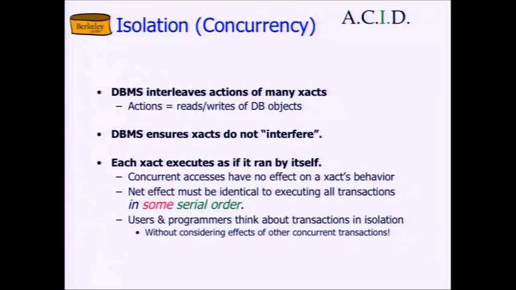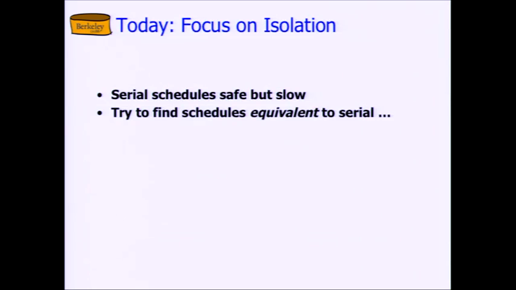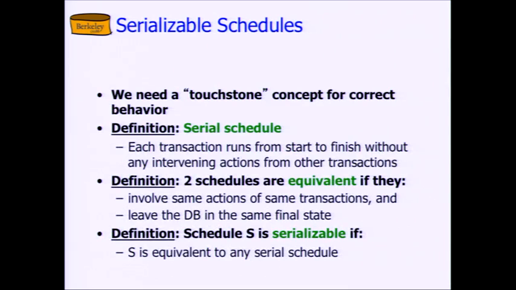We're going to ensure that they do not interfere in a specific sense. Particularly, we're going to define serial schedules, that is to say, schedules where each transaction runs in isolation, one at a time in an order, as our touchstone of correctness. And we're going to define what schedules are equivalent to serial schedules. We started this last time.